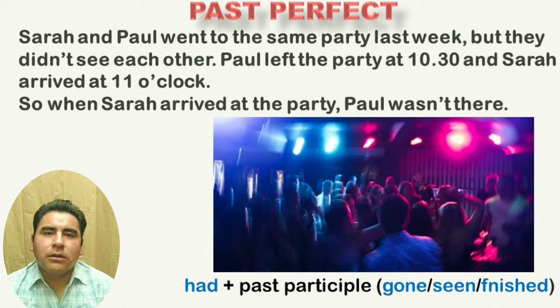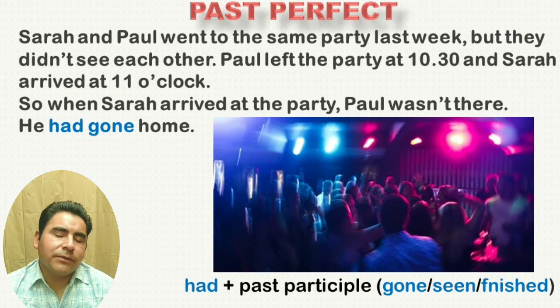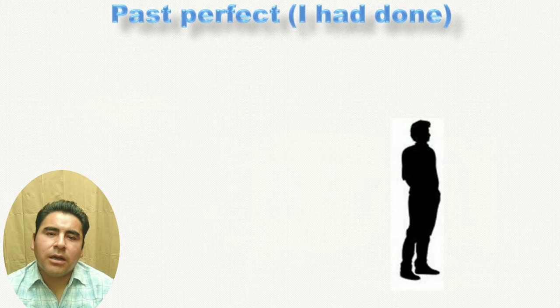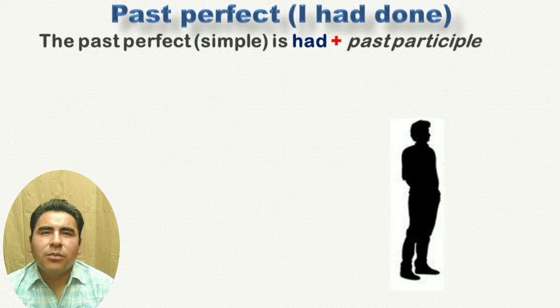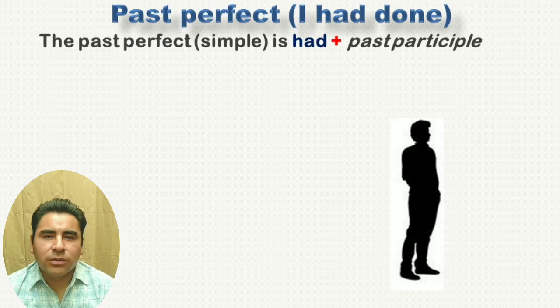Let's analyze this example more. Usually past perfect is said very simply: I had done, I had gone, I had seen, or whatever. The past perfect simple is had plus past participle, as I mentioned at the beginning. Sarah arrived at the party.